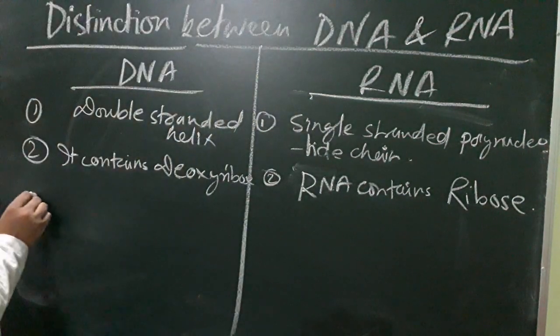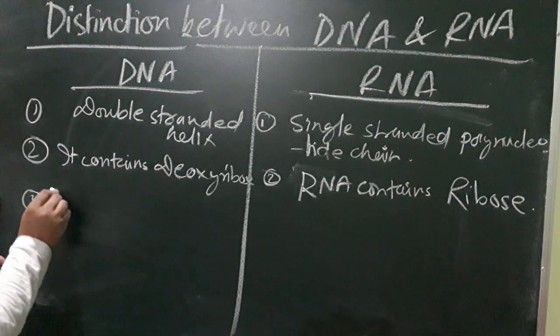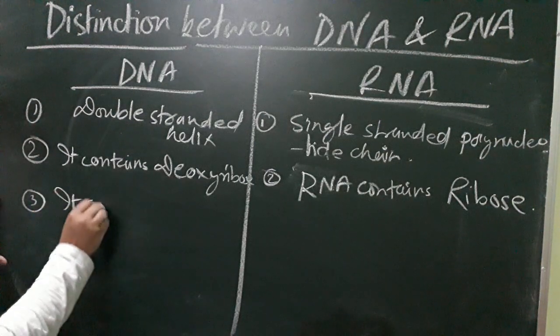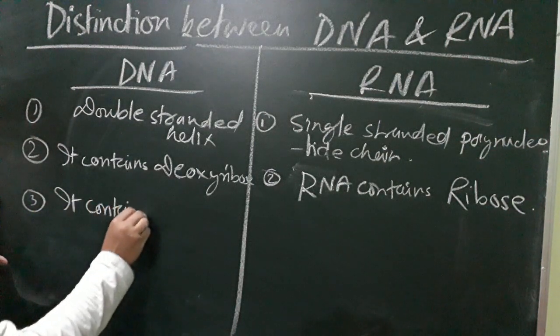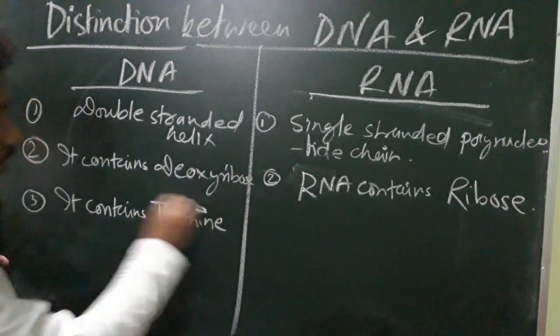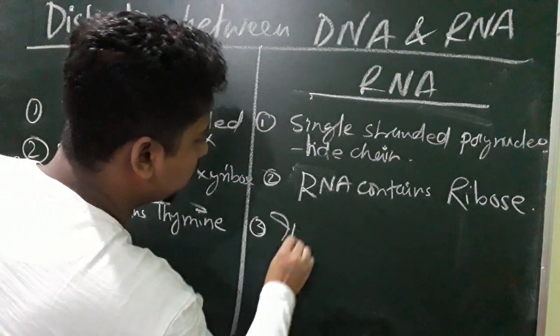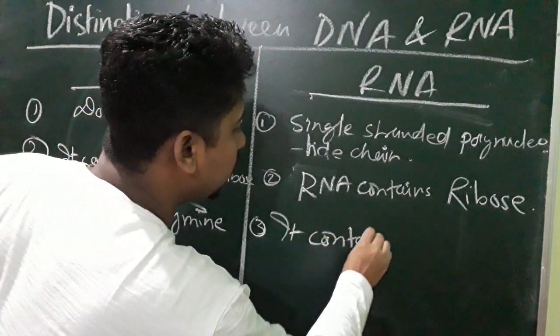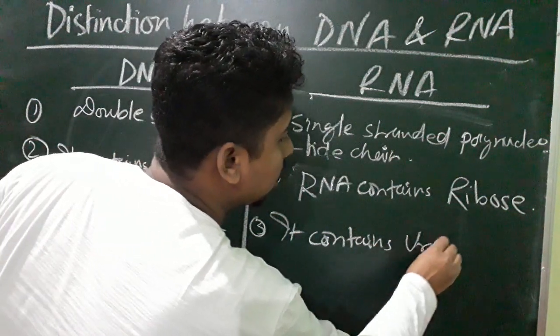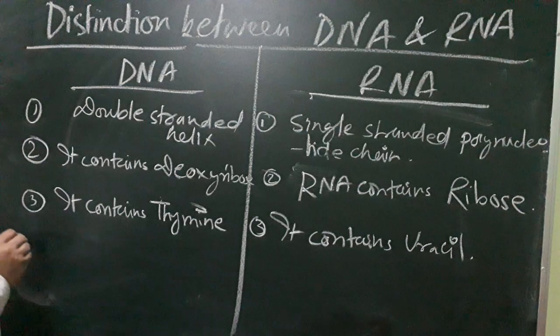Number three, DNA contains thymine, and RNA contains uracil base.